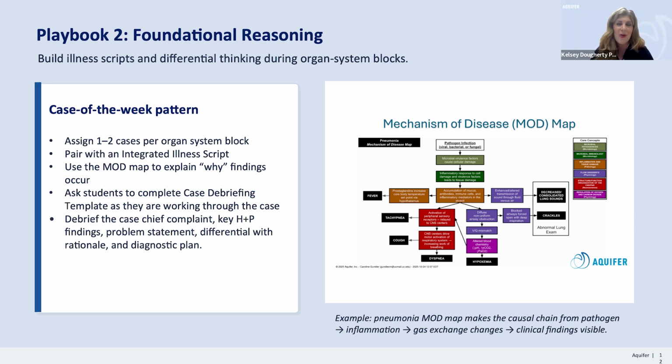I know it's very small on the screen here, but there's a section of the mechanism of disease map that has crackles. So talk to students about what crackles are and what they tell us about what is occurring with the patient in terms of the pathophysiology of pneumonia. We'll talk in a little bit about this case debriefing template when we discuss the next playbook.